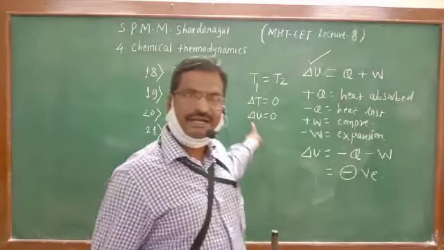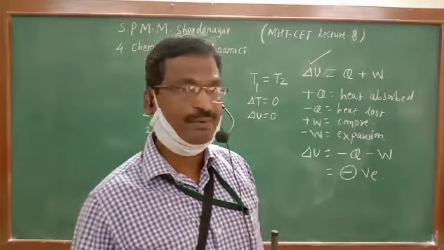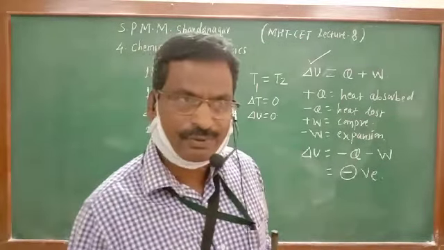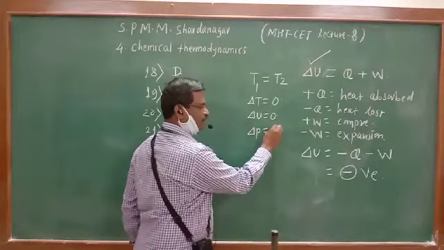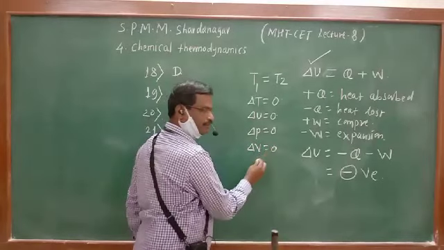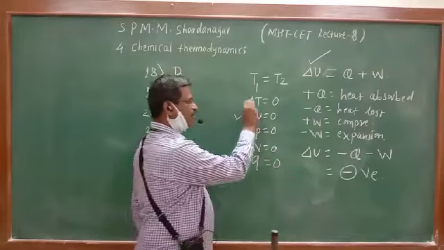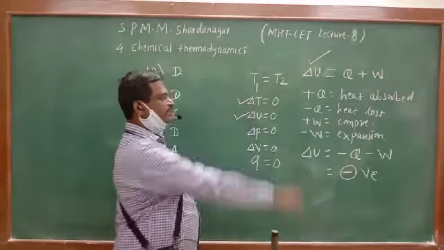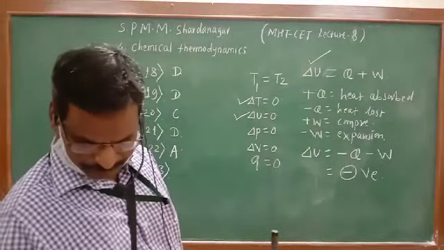Means change in internal energy is 0 for which type of process? Isothermal process. For isobaric process, delta P is 0. For isochoric process, delta V is equal to 0. For adiabatic process, Q is equal to 0. And for isothermal process, delta U and delta T are 0. So let us see the options.